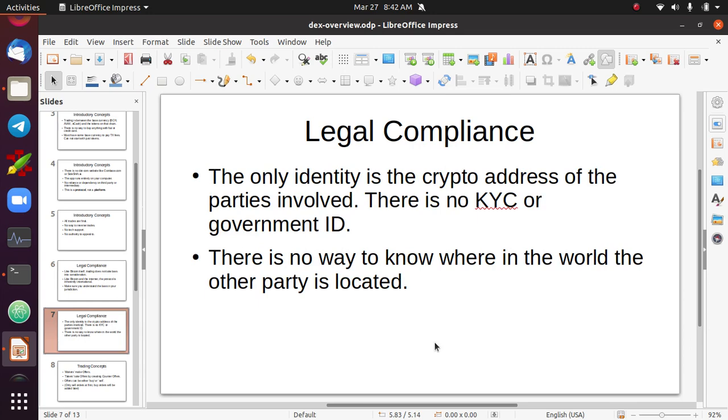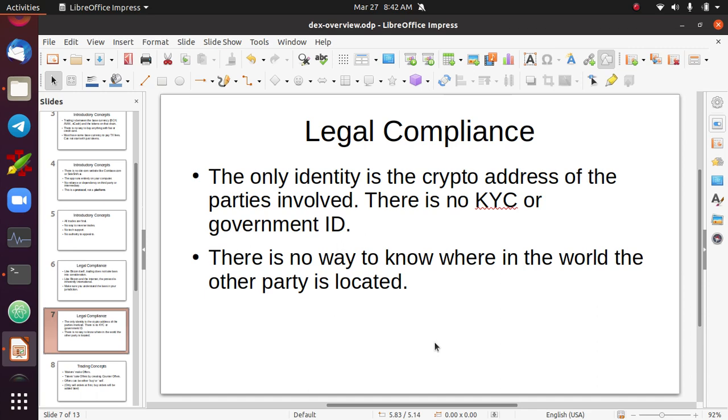The only identity is the cryptocurrency address of the parties involved. There's no KYC, there's no government ID. Again, it's just like Bitcoin, it's pseudo-anonymous. So you generate a Bitcoin Cash address or an Avalanche address or an eCash address. That is your identity, and that is your only identity.